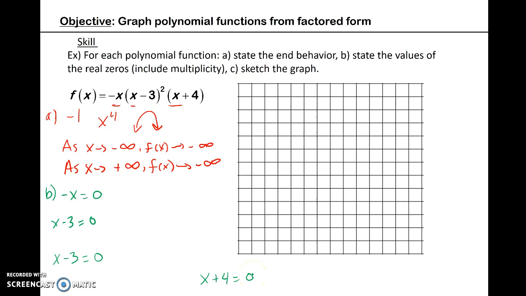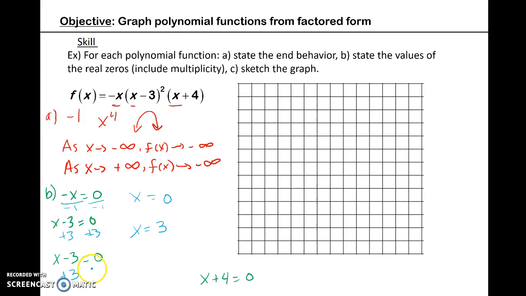Okay, so I want to solve each one for x. Here I'll just divide by -1, and I get x is equal to 0. Here I can add 3 to both sides, which will give me x is equal to 3.